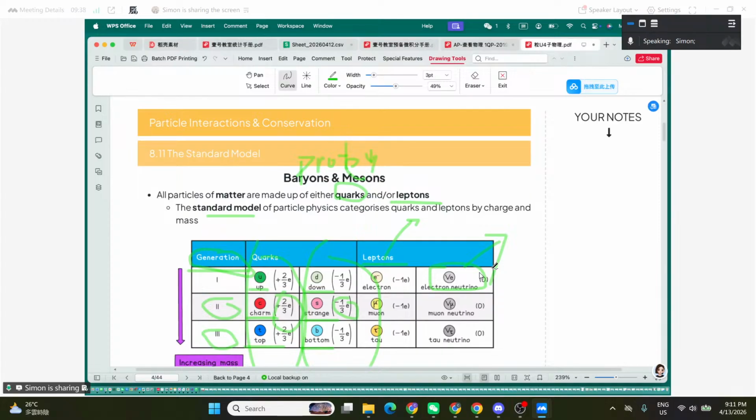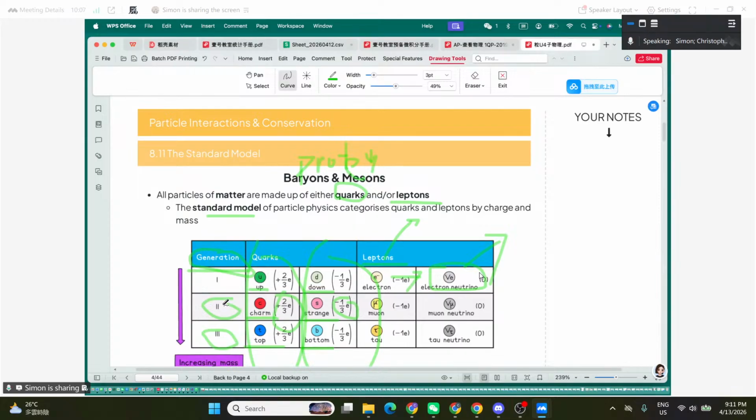If the product has an electron, we also have the electron neutrino. The neutrino has no electric charge, and its mass is negligible.